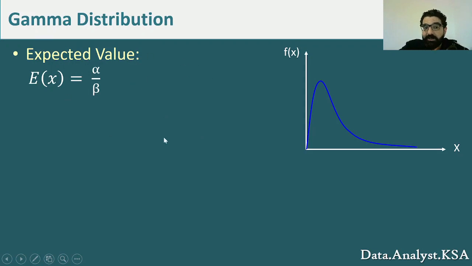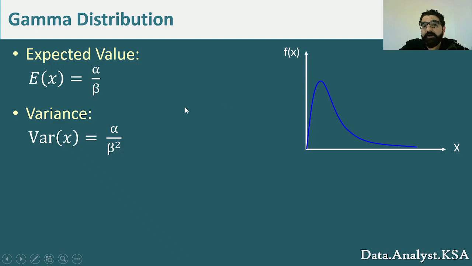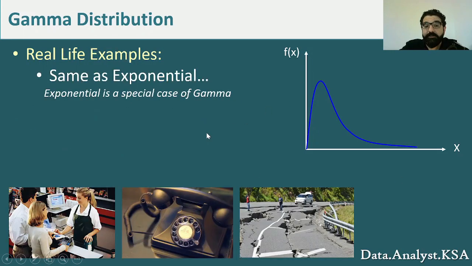So the expected value in our way of parameterizing the distribution is alpha over beta. So if I select a random sample of 10 values, for example, I can expect that the mean of these samples will be alpha over beta, and the variance is alpha over beta squared. So once I know my alpha and beta, I can tell a lot by knowing that this population follows a gamma distribution.